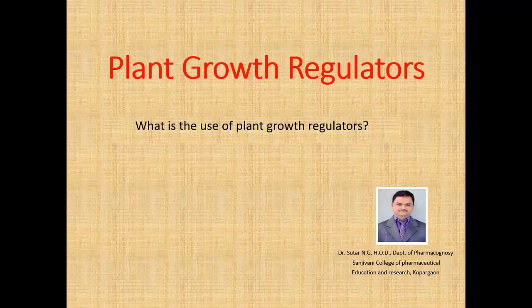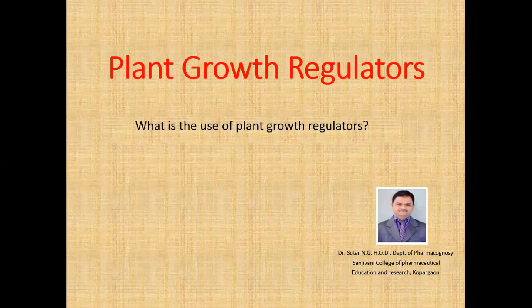Plant growth regulators are also known as plant hormones or phytohormones, because these are chemicals which are synthesized in the plant body, and they control a specific activity. Just like insulin in human beings tries to control or maintain the blood sugar level.